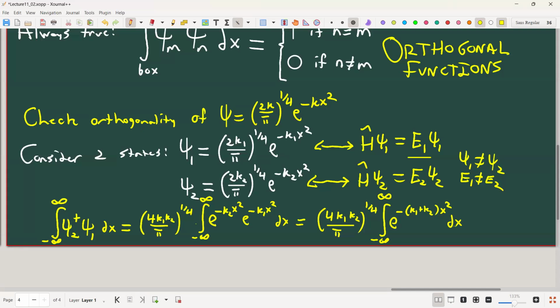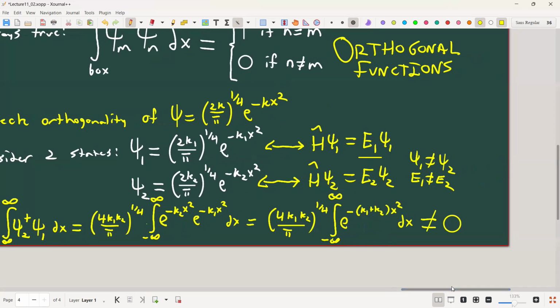This is going to be non-zero, for the same argument that the wave function's integral is non-zero. It's just another wave function of a different shape, with a different standard deviation or mean, but it still integrates to a value. So this is non-zero. The conclusion, which I'll just jam up here, is that these are not orthogonal.